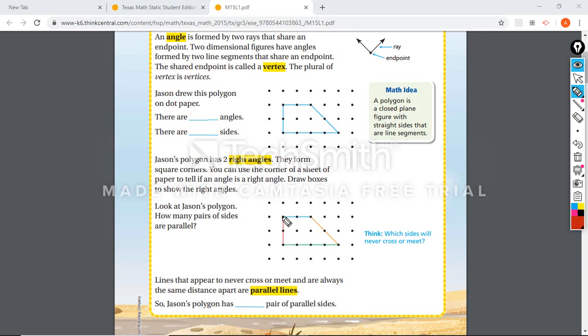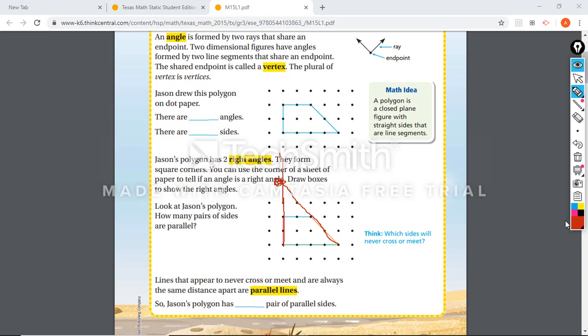It's this one, these two lines. This one and this one are parallel, because if you continue drawing them, they will never meet and they will still stay the same distance apart. And look at these two lines here as opposed to these two lines here. These two lines, if you continue drawing them, when you draw this one, they're going to meet right here. So that means these two lines are not parallel.